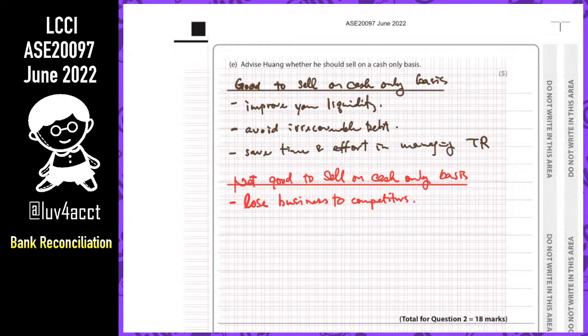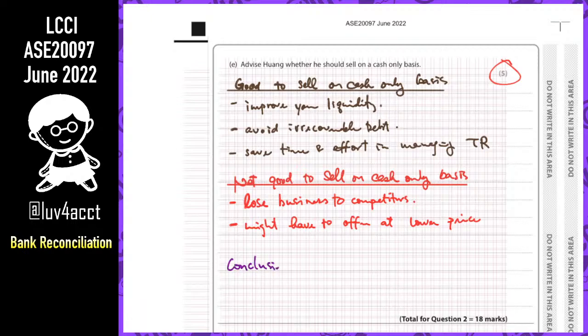This is the most important item. Sometimes you might have to offer at lower price. So 5 points. You don't need so much. Here we can write 10 points already. Make sure you make a conclusion.